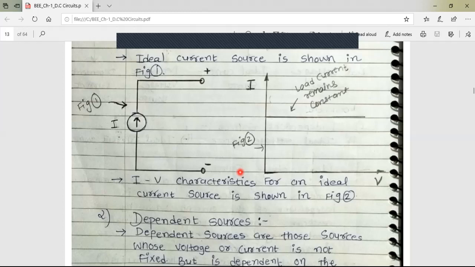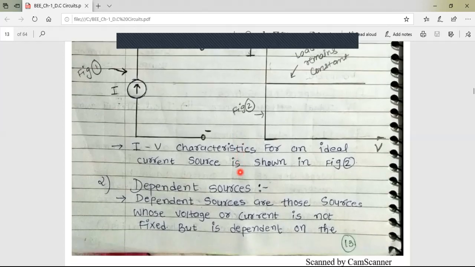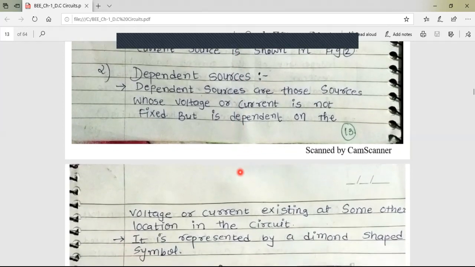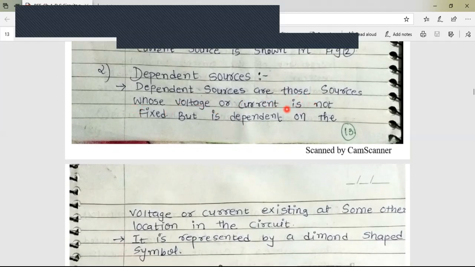Now we will discuss dependent sources. Dependent sources are sources whose voltage or current is not fixed but is dependent on the voltage or current existing at some other location in the circuit.